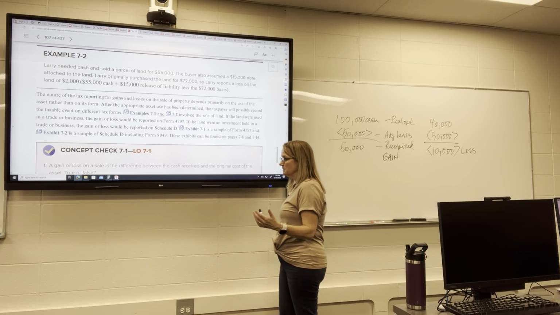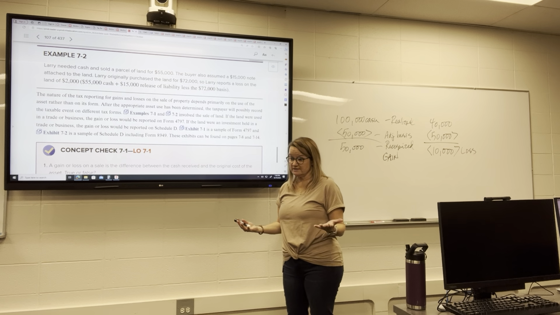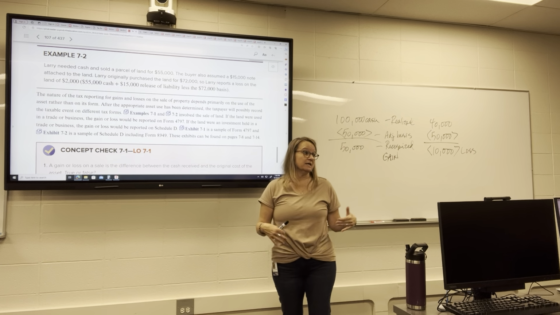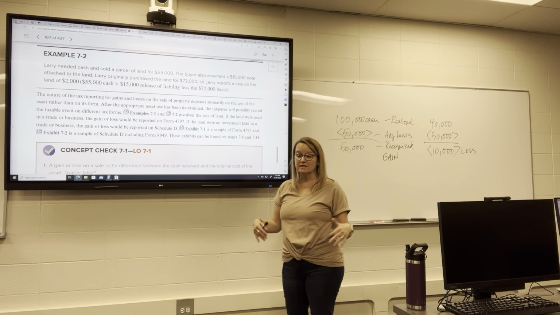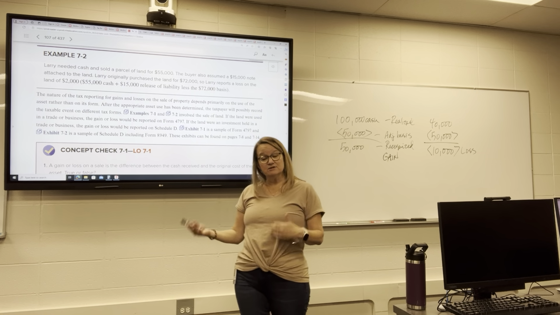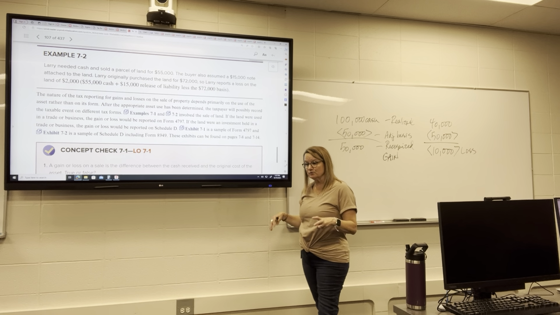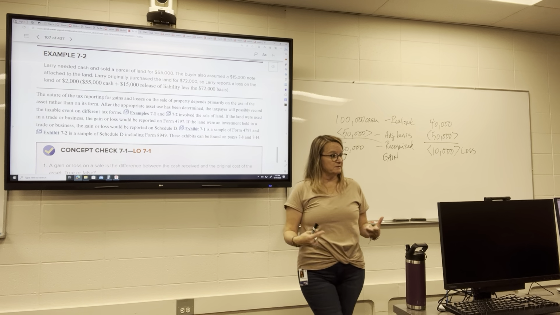Okay? Land can be used in a business. Land can be part of your personal residence. Land can be an investment. And the sale of that land in each of those three different scenarios is different, right? In each of those sale examples, the tax treatment is going to be different.